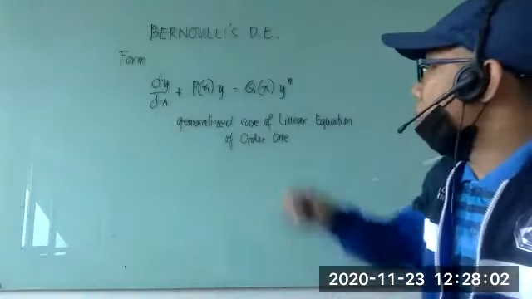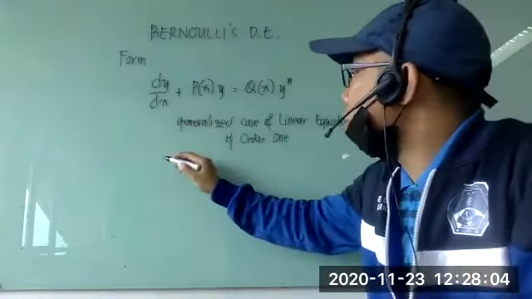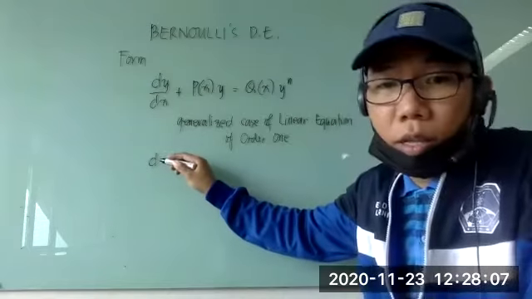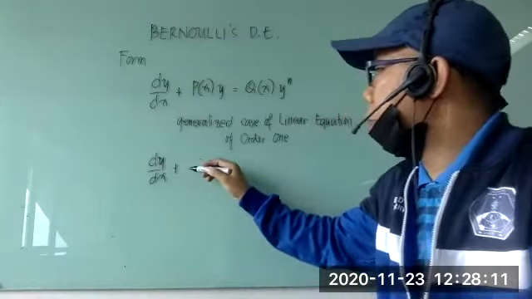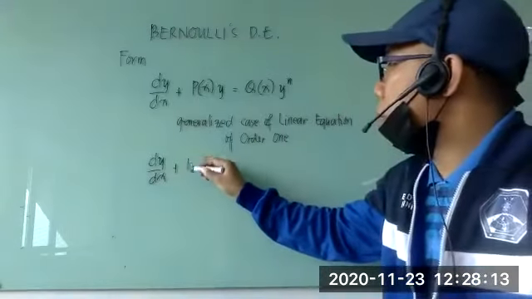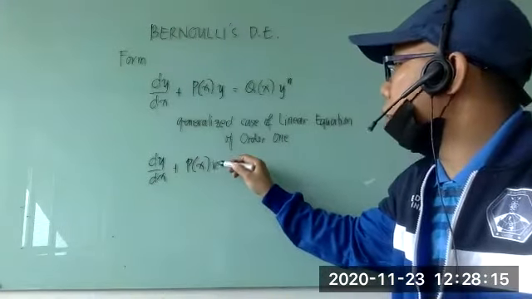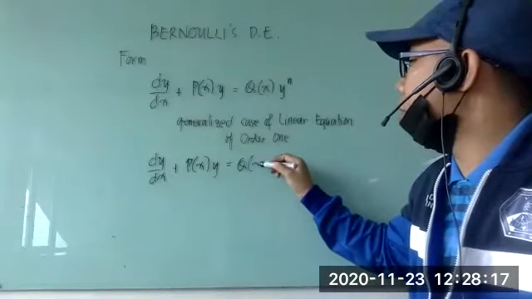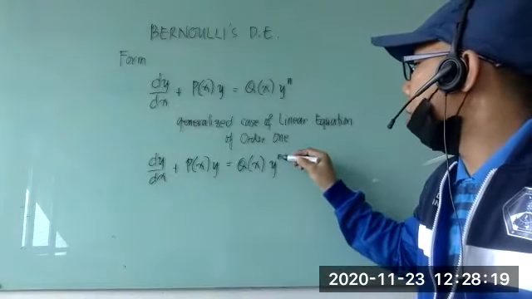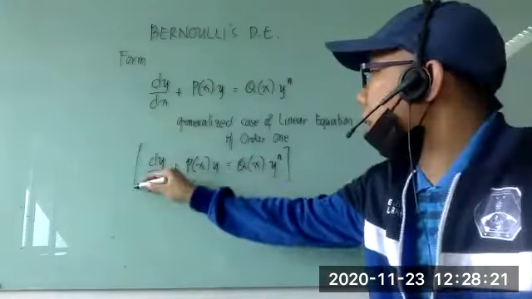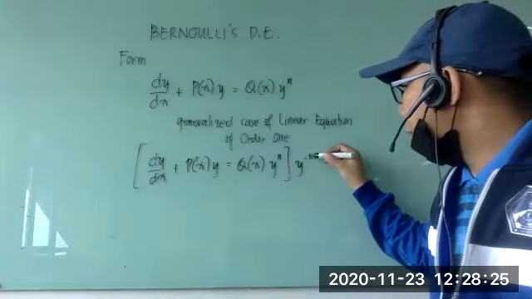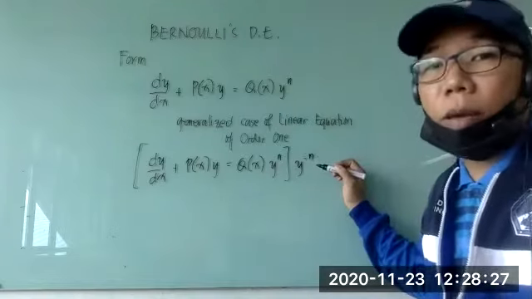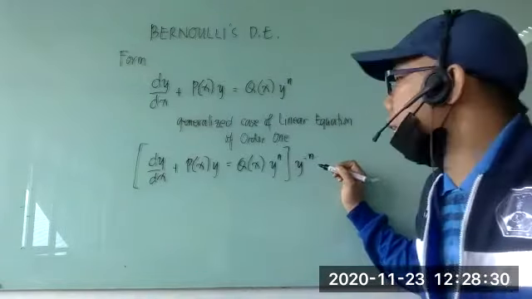Now let's do that. So let me copy: dy over dx plus p as a function of x times y equal to q as a function of x times y raised to n. Again, we multiply the entire equation by y raised to negative n, or divide it by y raised to positive n. That's the first step.